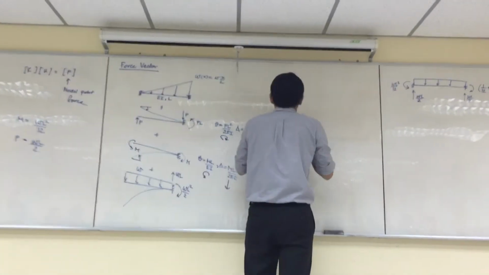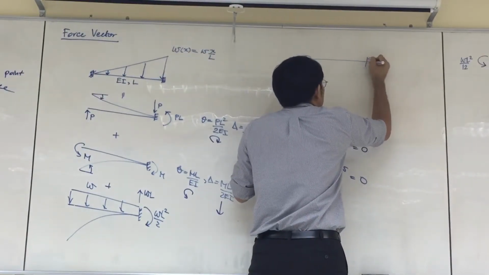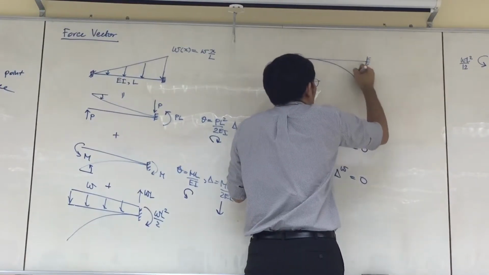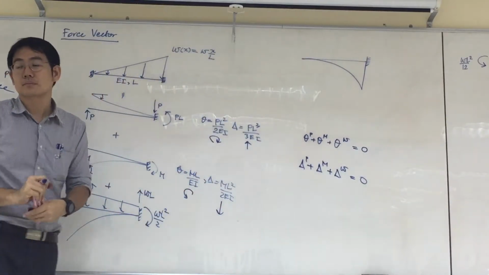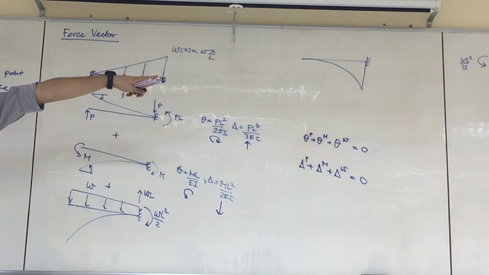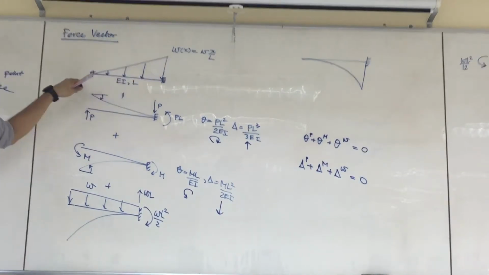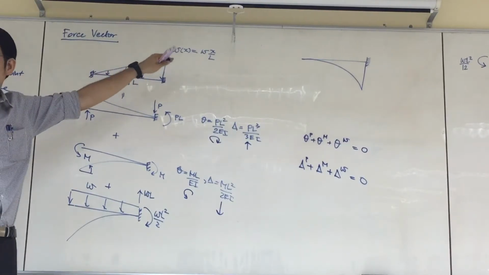So what's going on? How much moment occurs over there at the support? You have a uniformly, not uniform, a linearly varying force.